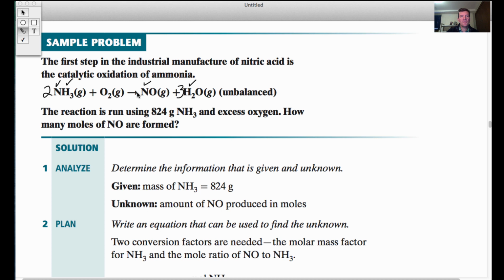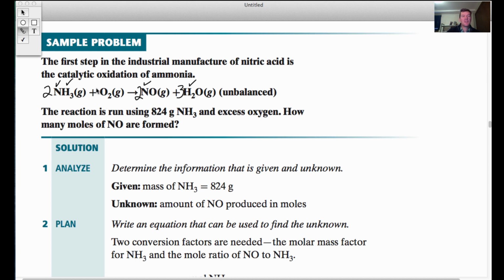Now the number of nitrogens has doubled, so I have to multiply this by 2 as well. Now let's see how many oxygens I have. I've got 2 on the reactant side, and on the product side I've got 2 and another 3. That's 5.